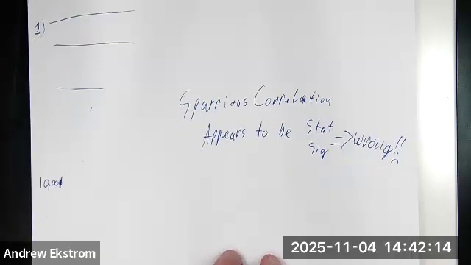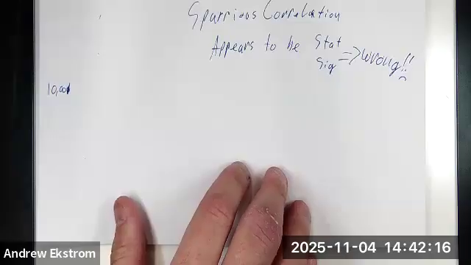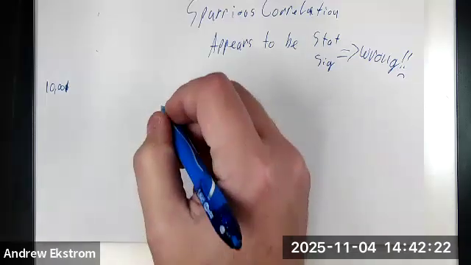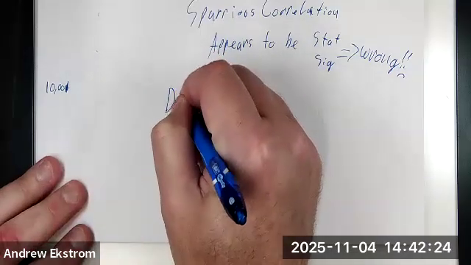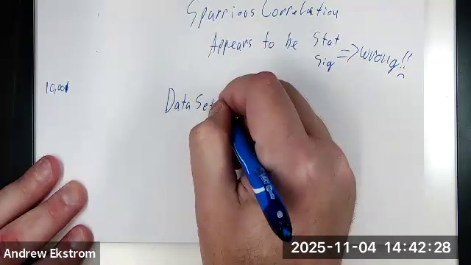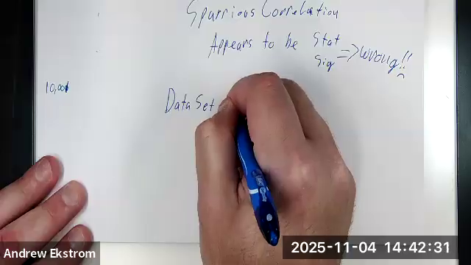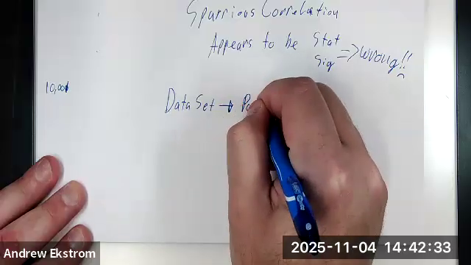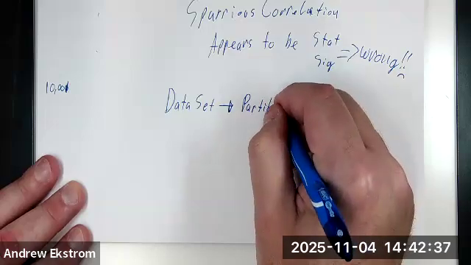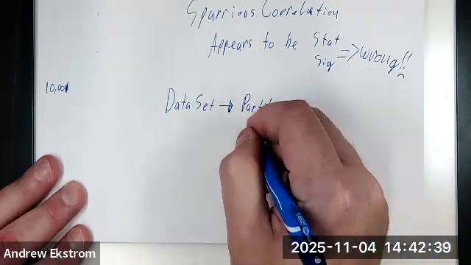So, a couple of things. We're going to be doing this every Thursday, basically from here on out. You're going to get a data set that you're going to be analyzing. What you need to do with that data set is something called partitioning it.